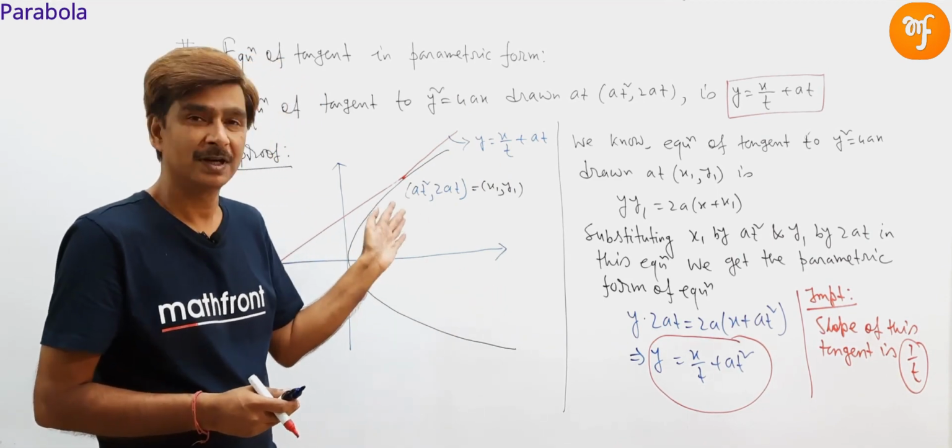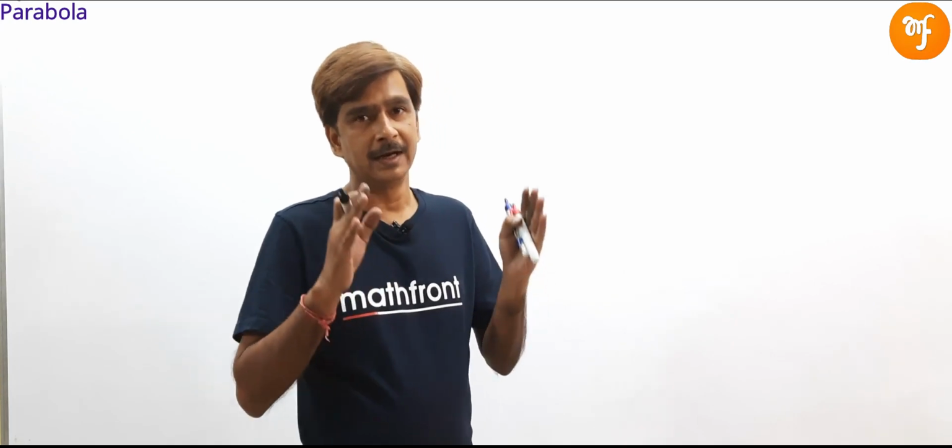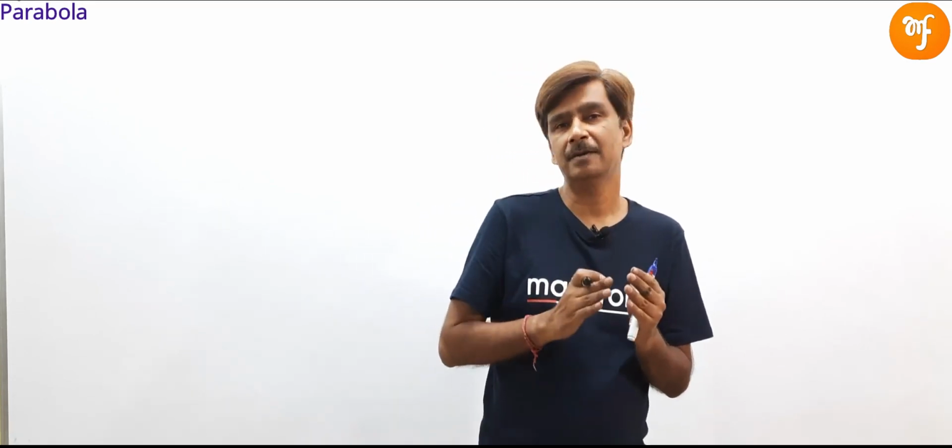So friends, now we are discussing the locus of point of intersection of a pair of perpendicular tangents to the parabola. Here we learn the locus of point of intersections of any pair of perpendicular tangents to any parabola will be the directrix of the parabola.